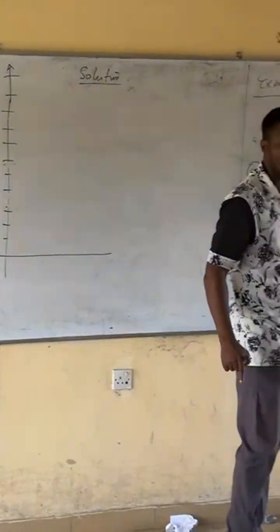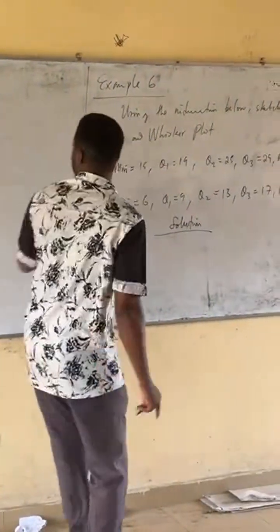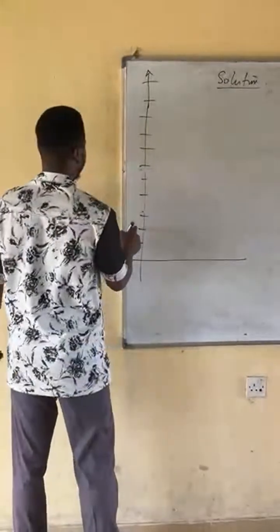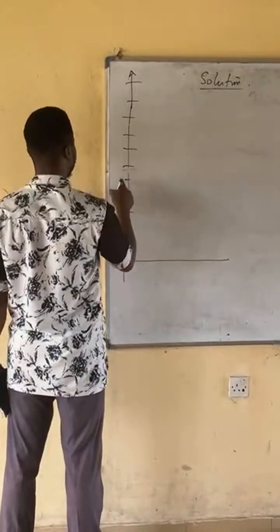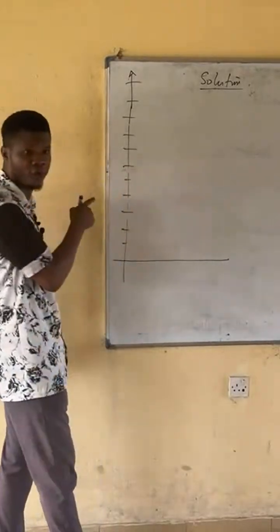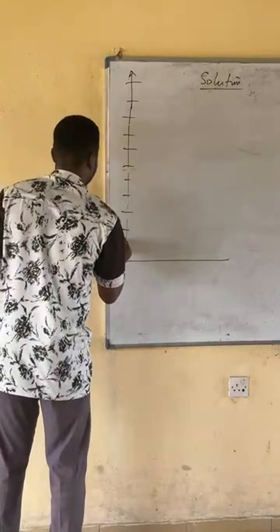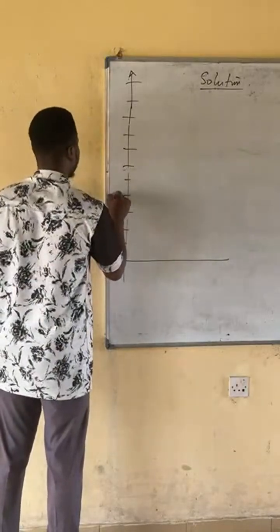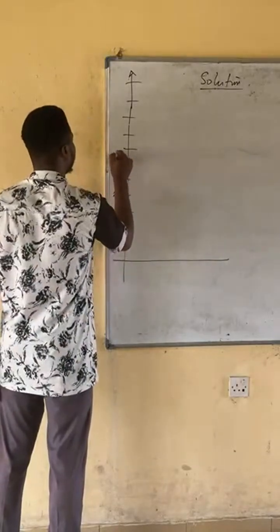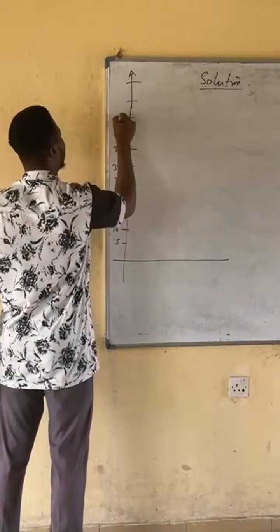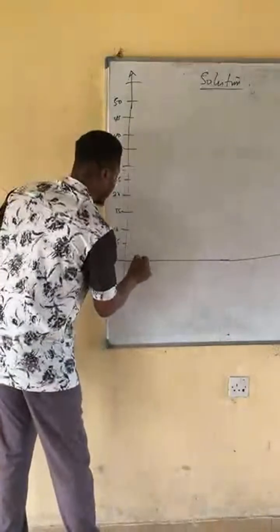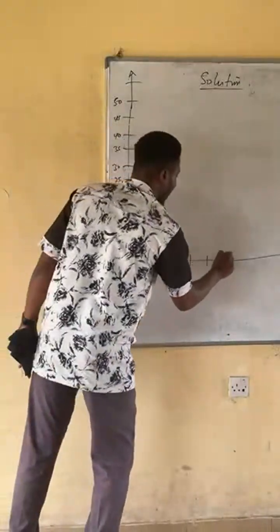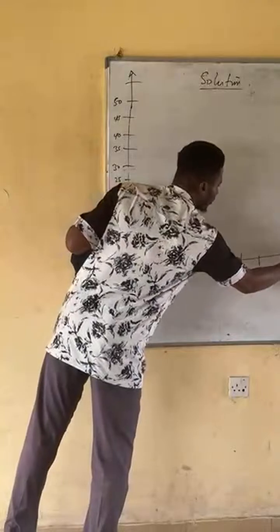They are in tens, is it not so? The largest is 40. I can use 5, 10, 15, 20, 25, 30, 35, 40, 45. So it should be enough. Horizontally, I don't need any scale here, so I can just let it be like this. But I'm going to show you what to do there.